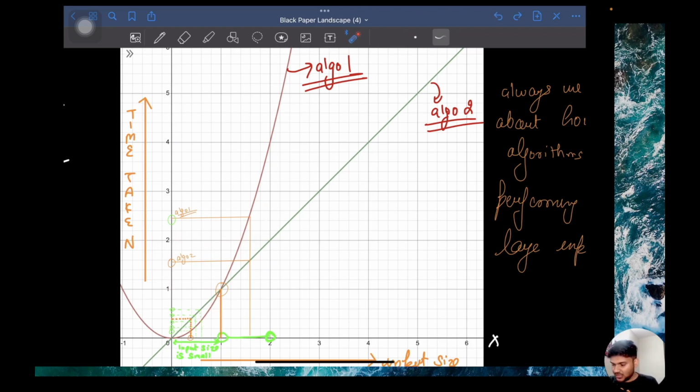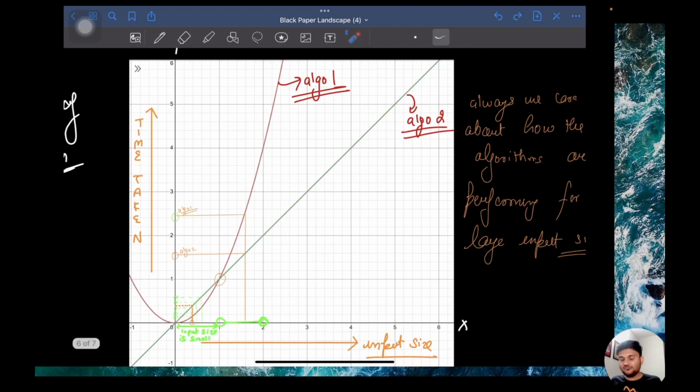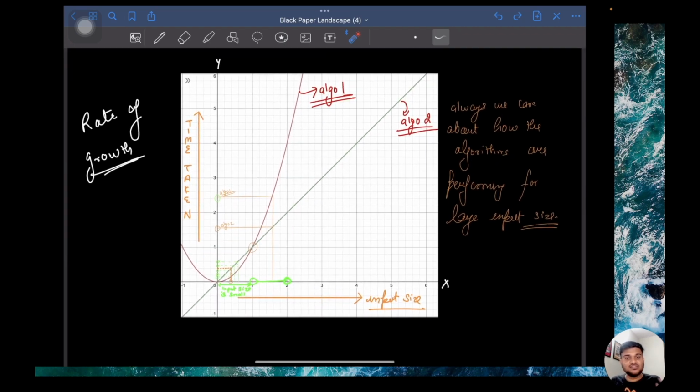Growth means at what rate you are changing the running time if the input size increases or decreases. That is how fast your rate of change of time is increasing, right? If you see, this curve is increasing way faster, or the values on the y-axis are going to increase way faster when compared to this curve, right?